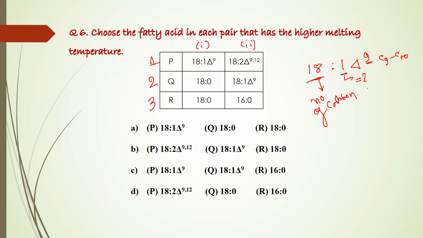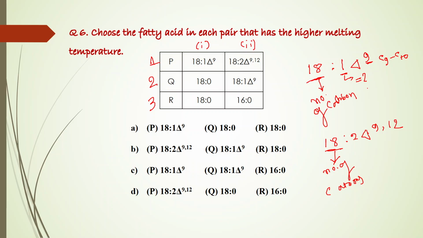Now what about the second one? In this set, the second fatty acid, if I write it down, its delta designation is written as 18:2, delta 9,12. That means here also we have 18 carbon atoms, same as the first one.